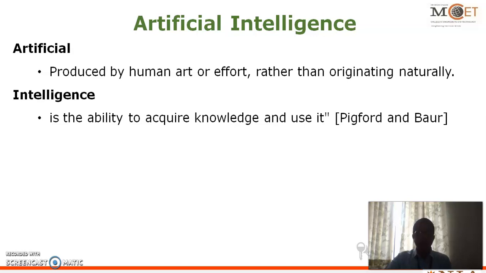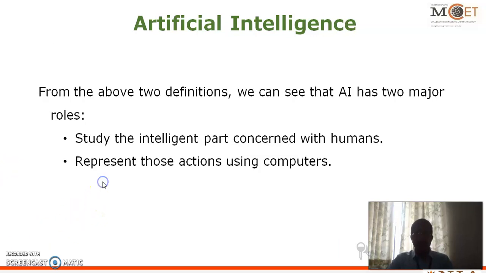And intelligence is referred to as the ability to acquire knowledge and use it. This is mentioned by Pickford and Bohr, who give the concept of intelligence as the ability to acquire knowledge and use it for various applications.